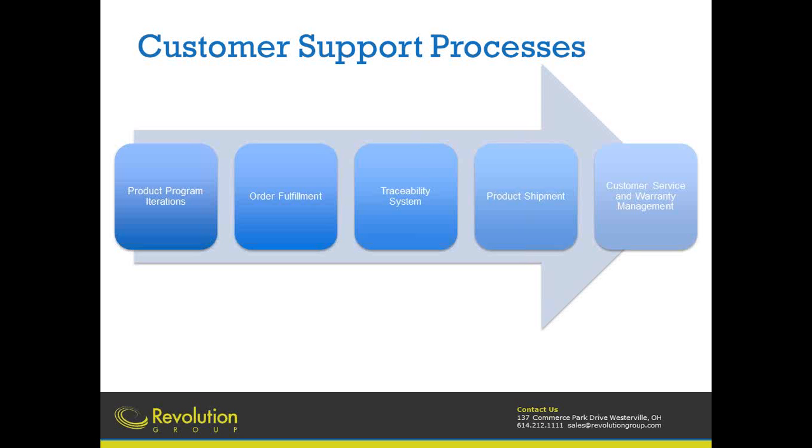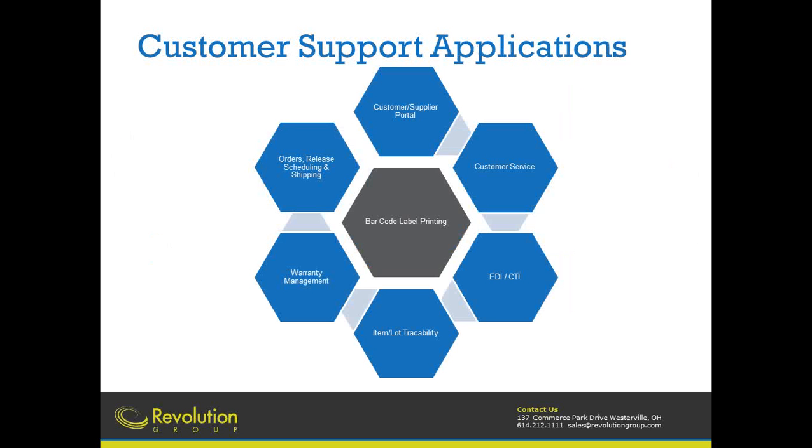We also think of things like traceability and lot tracking as a customer relationship management function and a process. We think of barcode label printing as a customer support process because it's nearly always required by whoever you're supplying. Service and warranty programs and program management are processes that are repetitive tasks that must be defined for CRM purposes.